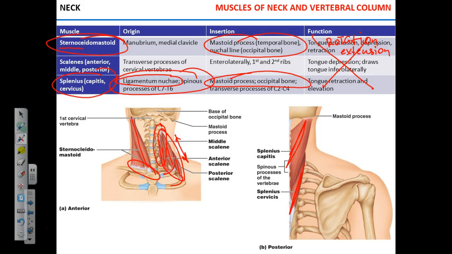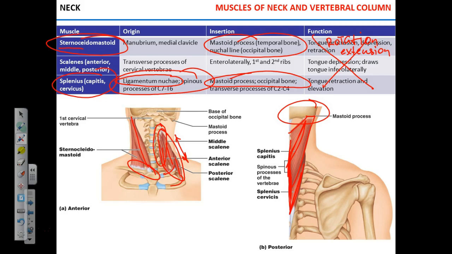Yeah, 22 is the splenius capitis, right here. What it does, if you think about this, is connect the skull to the vertebrae. And when you contract this muscle, that will be head extension. Does that make sense? You're just pulling it. So that connects here to here.